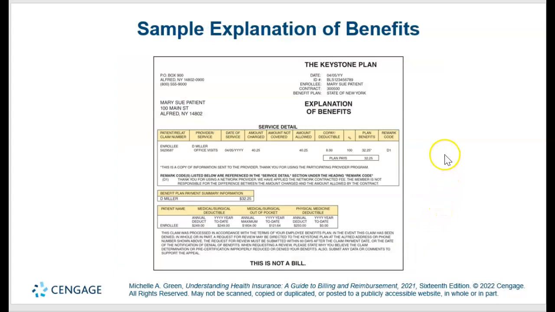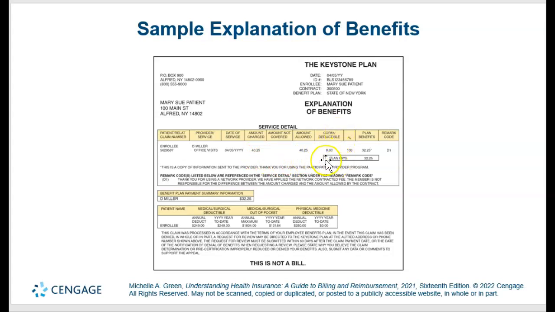Explanation of benefits. This comes from your insurance company. I get one from Blue Cross Blue Shield all the time. Let's look here. It's Blue Cross Blue Shield. It will give me the name, data service, the amount charged, and then the amount allowed, remember how I talked about that. Here it looks like this insurance company is allowing everything.